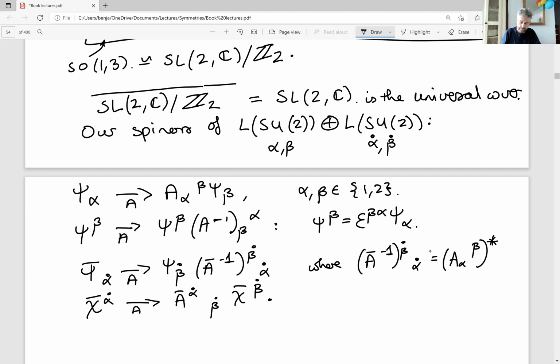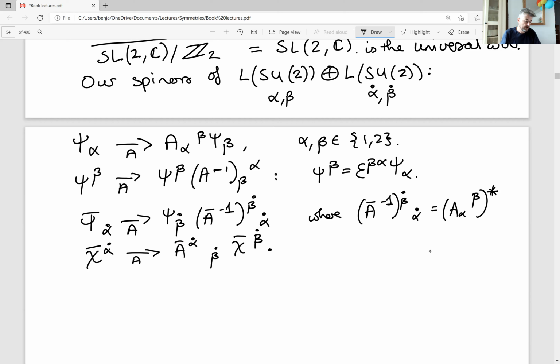So we have two independent fundamental spinors.